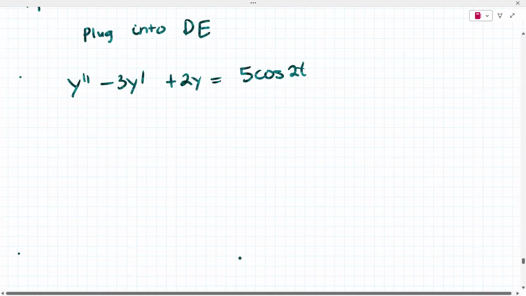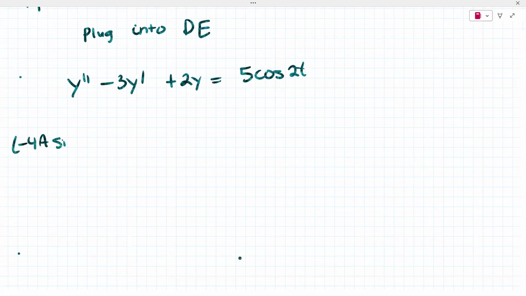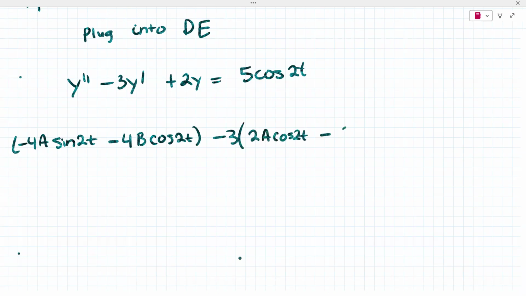So my y double prime is negative 4a sine 2t minus 4b cosine of 2t, minus 3y prime, which is 2a cosine of 2t minus 2b sine of 2t, plus 2 times y, where y is a sine 2t plus b cosine of 2t.